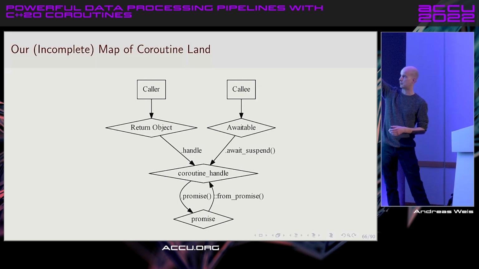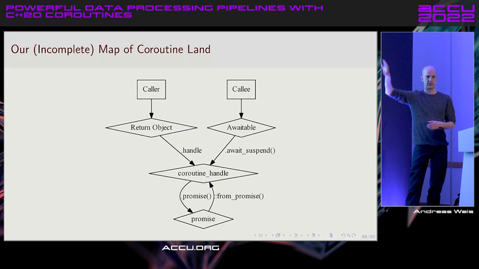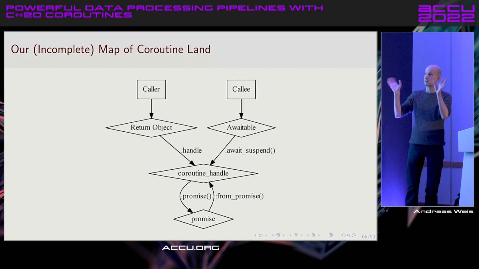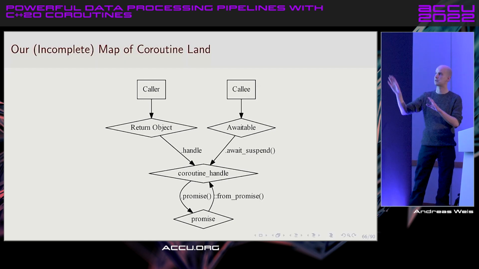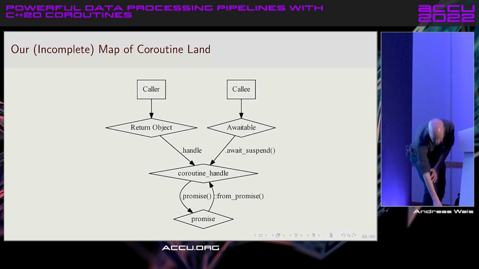And this now gives us a connection here, because now we can get from the awaitable to the coroutine handle, and now the whole thing fits together. This is going to be our, still incomplete, there's still more, but this is all that we're going to talk about today. This is going to be our map, which we're going to use to navigate through coroutine land.